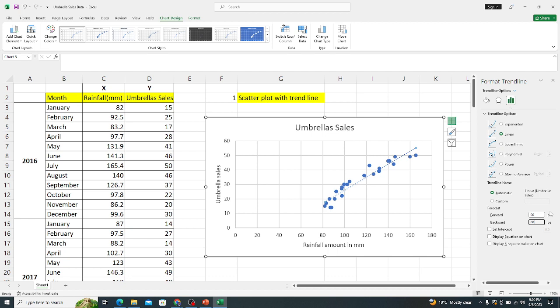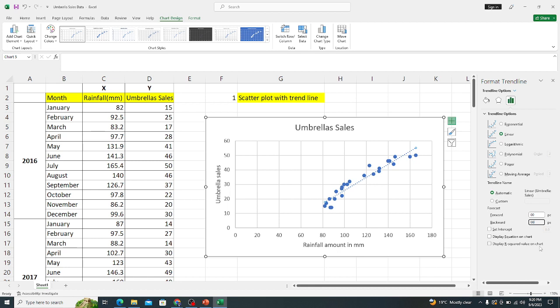There is now something which I will need to set, that is to display the equation of the line, and I will also need the r squared value. Remember we said that r squared value shows us the coefficient of determination, like the goodness of it.